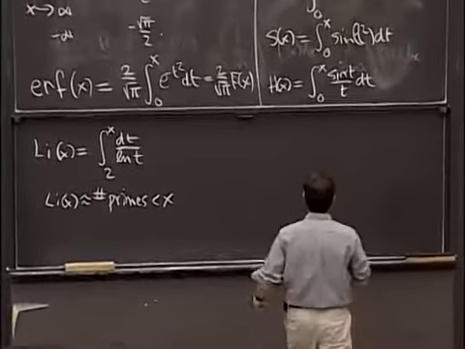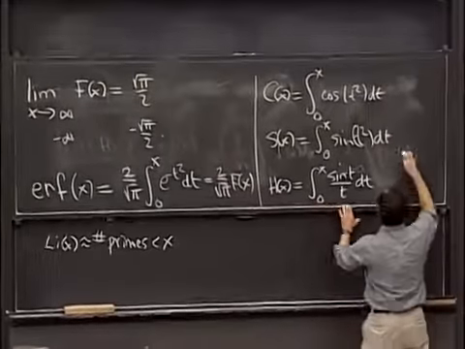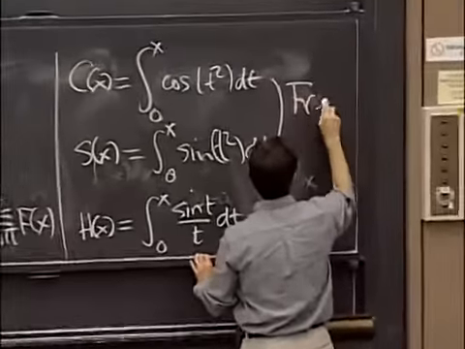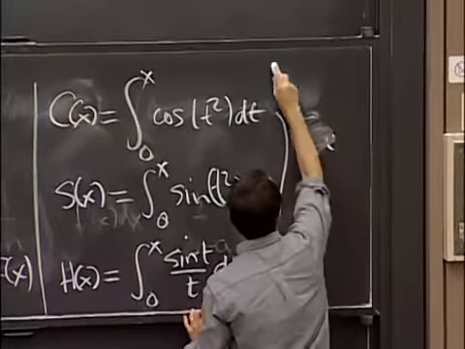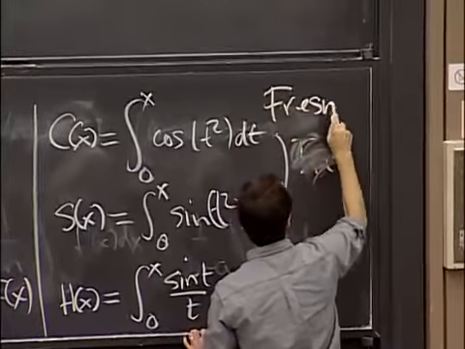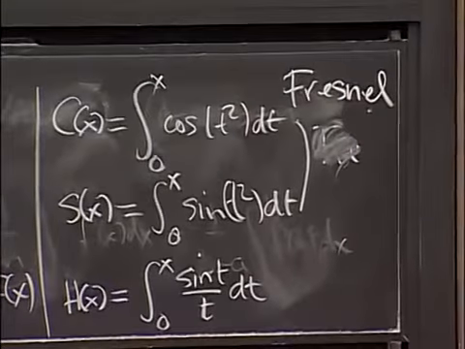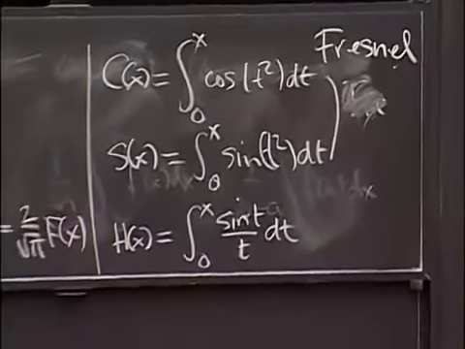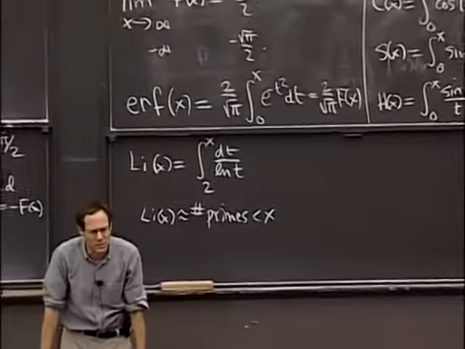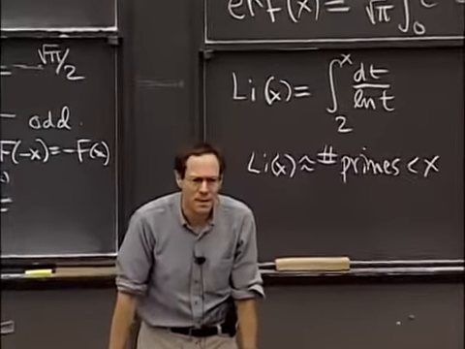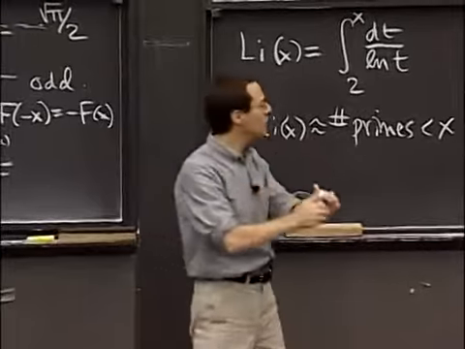Yeah, I did. I called these guys Fresnel integrals. Sorry. The guy's name is Fresnel. It's just named after a person. And this one, Li, the logarithmic integral, it's not named after a person. Logarithm is not somebody's name. So look.